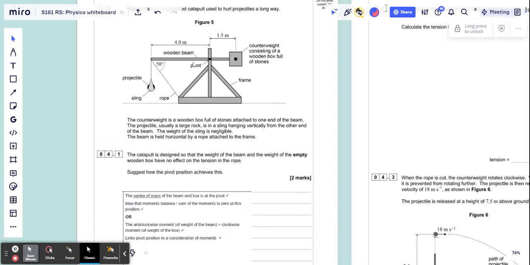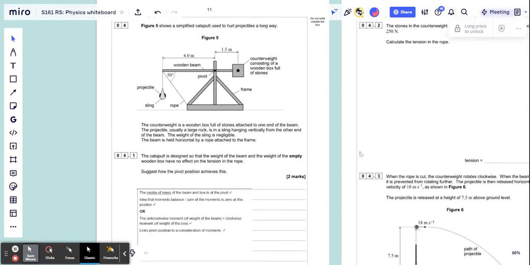They've set it so the moments are equal to each other, and therefore this rope here will not be under tension. So this is an equilibrium problem, specifically around moments.